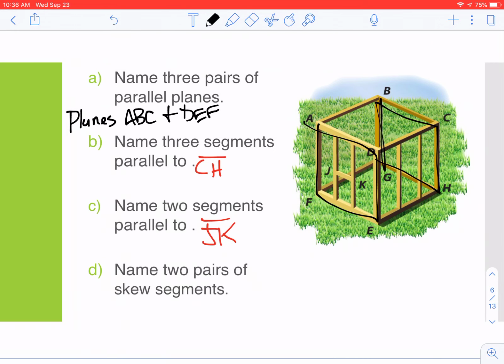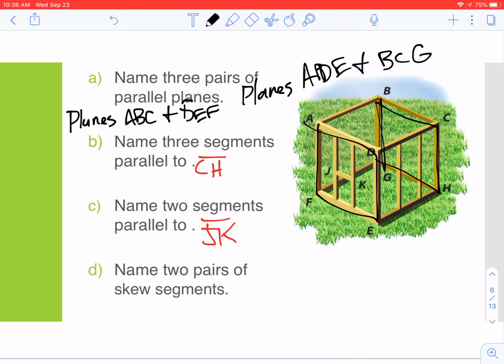So it would be planes ADE and BCG. Okay, and actually I got to go back to this other one.